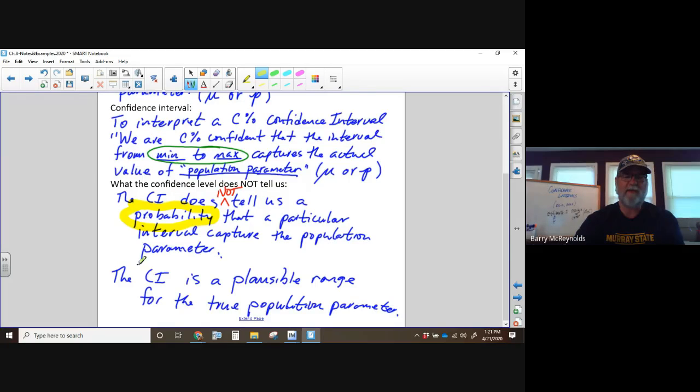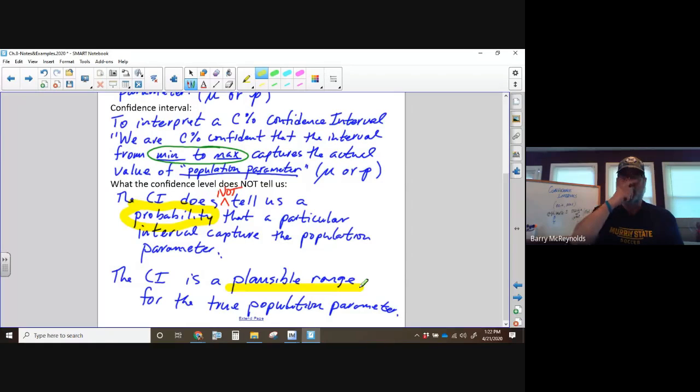Another way of understanding the confidence interval is it's a plausible range for the true population parameter. It's a reasonable set of values that will contain the true value.